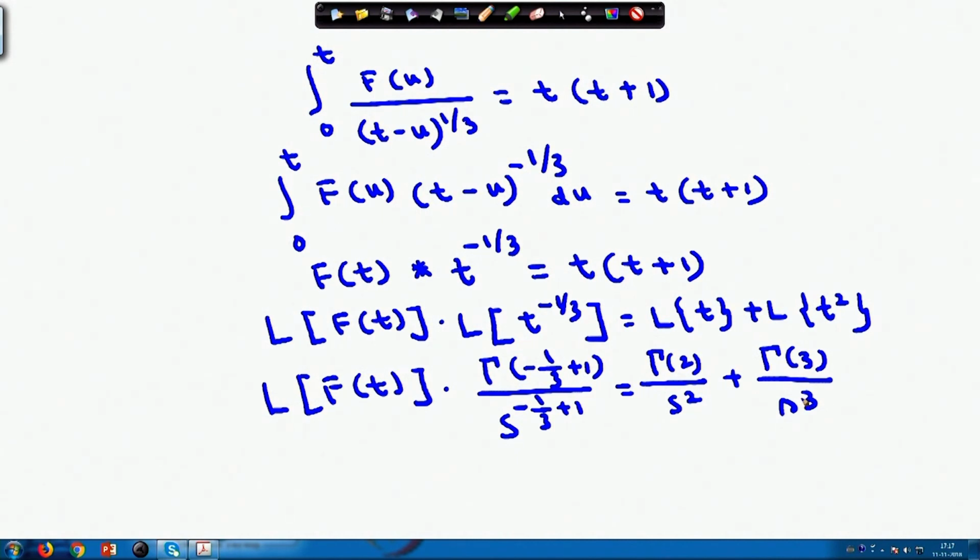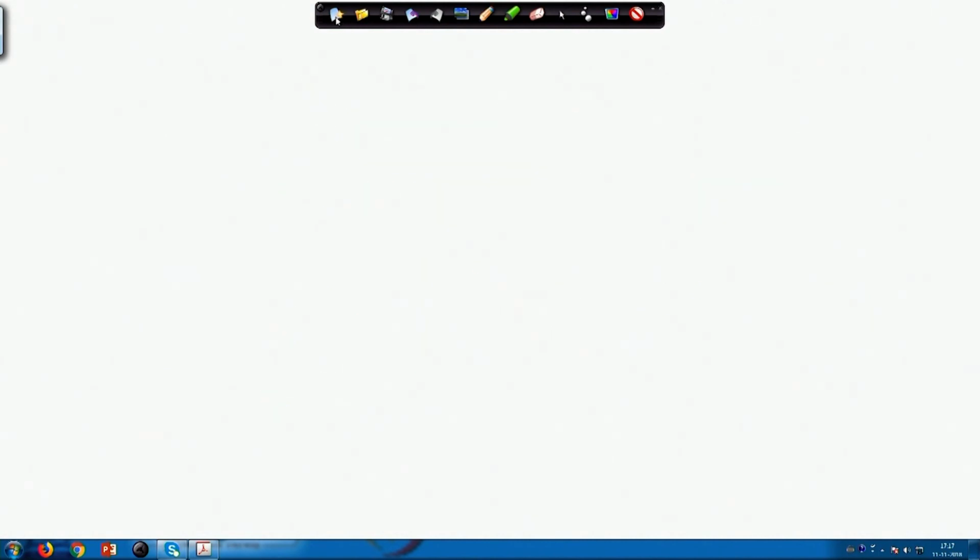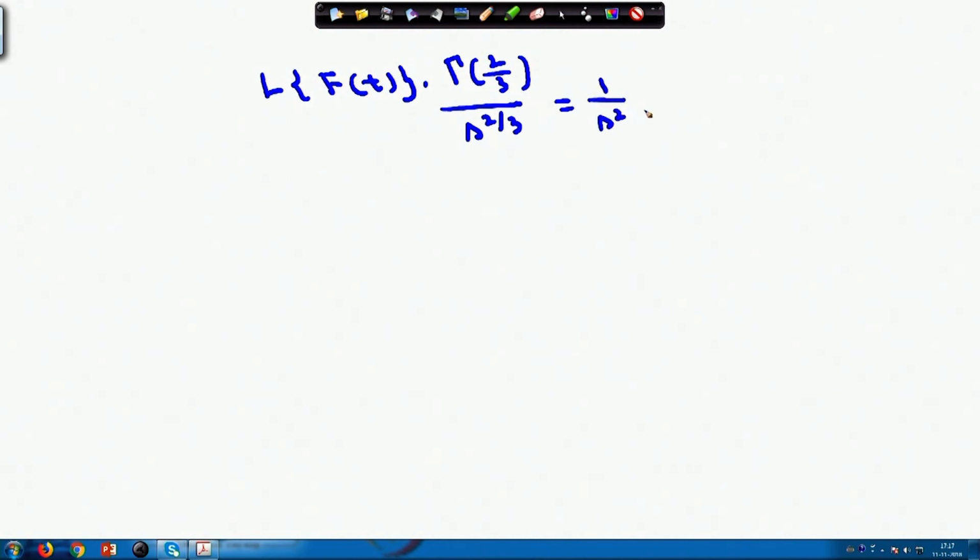And if I simplify these terms, next I can write the Laplace transform of f(t) into gamma 2/3 by s to the power 2/3 equals 1 by s square plus 2 by s cube.